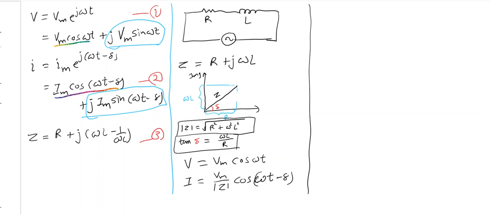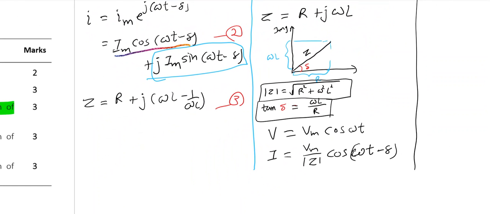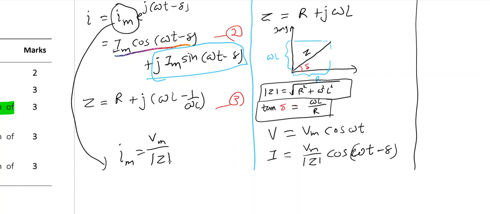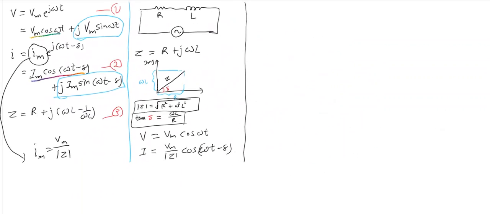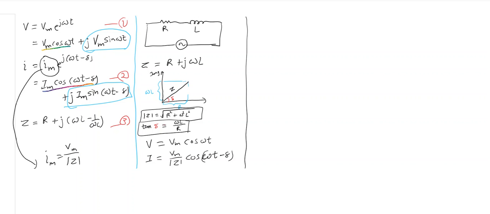Remember what Im is: Im is Vm by mod Z, maximum voltage by magnitude of impedance. So once I have mod Z defined, I can write current as shown here.